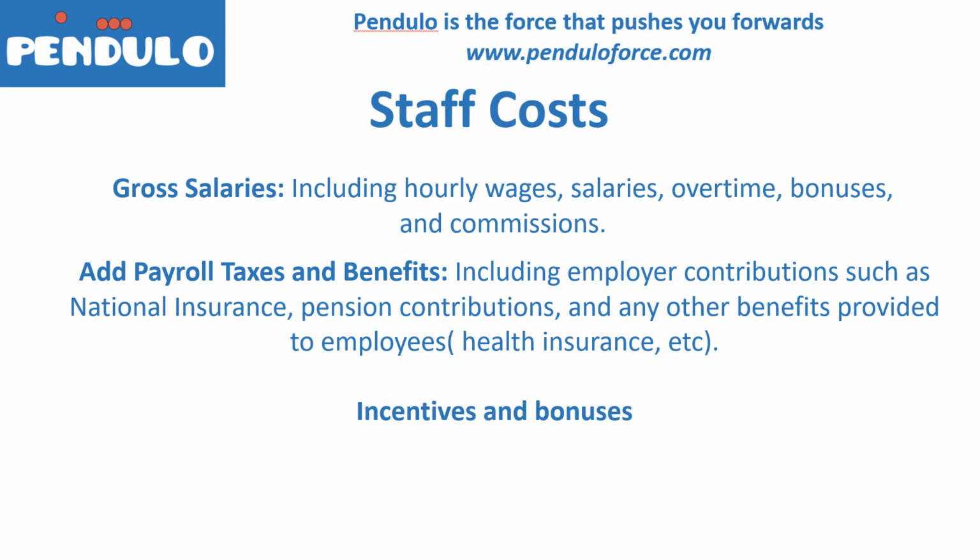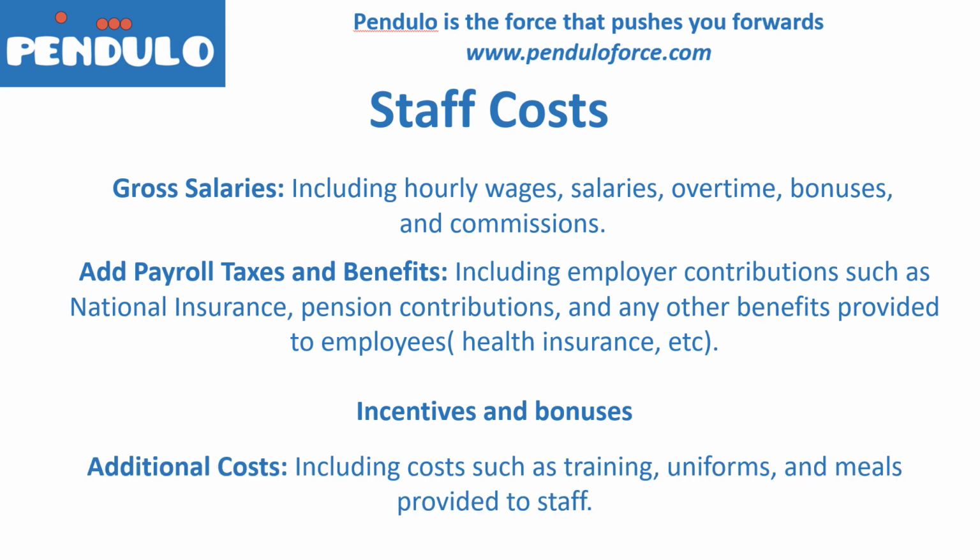We will also include incentives and bonuses, and any other additional cost like training or uniform, meals provided for the staff. This is what we're going to include in staff costs.